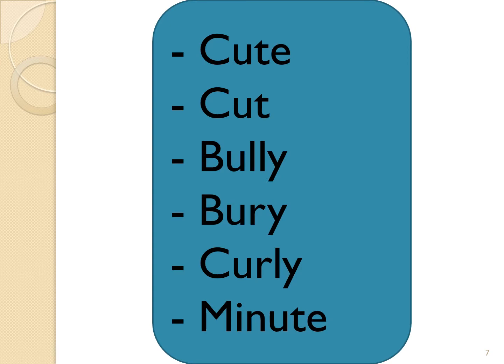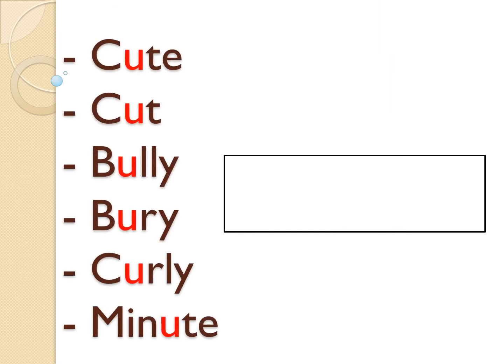Well, let us show this inconsistency or irregularity of pronunciation by looking at some examples. Look at this list of words, right? If you try to focus on the words, you can see that the letter which is repeated in all these words is the letter U. Now try to pronounce the words cute, cat, bully, berry, curly, minute.